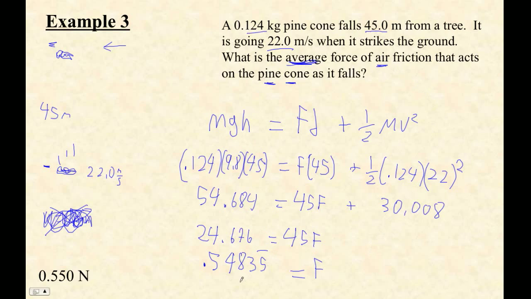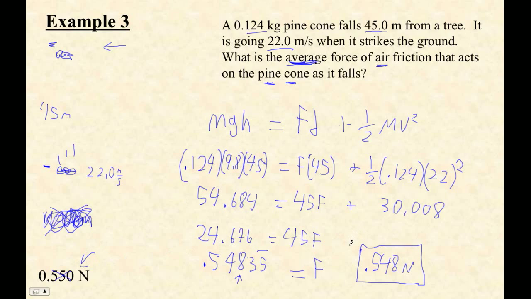So we can round this thing to this place. And that does not look like quite the right rounding. I guess I would have to say 0.548 Newtons. Ta-da. And I think the difference is that, like in IB physics, we use a 1 there, and so I probably used a 1 accidentally.